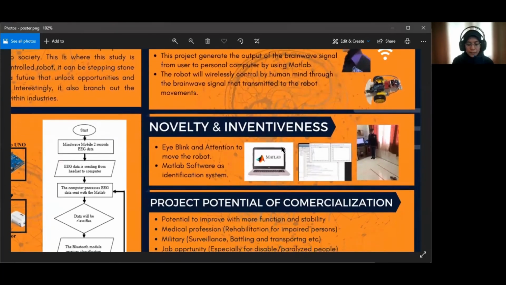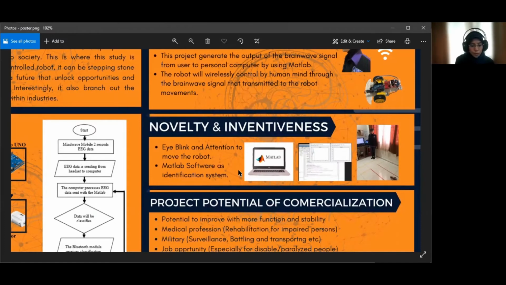For novelty and inventiveness, this project uses eye blink and attention to move the robot. It's different from previous studies, where some used meditation and attention, and others only used the brainwave pattern to see the signal, whether it moves to turn, right, and forward or backward.